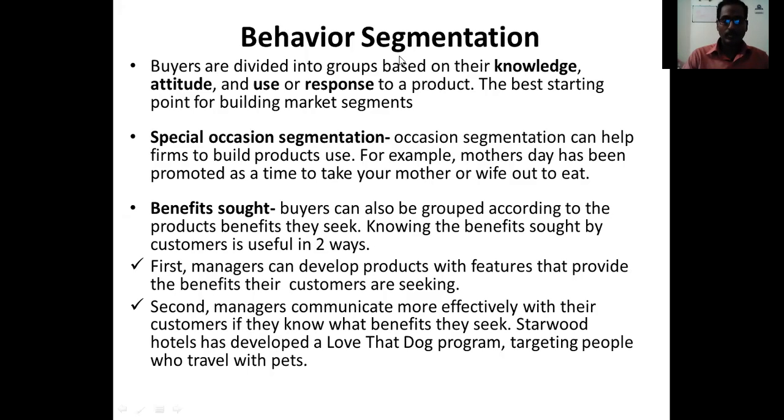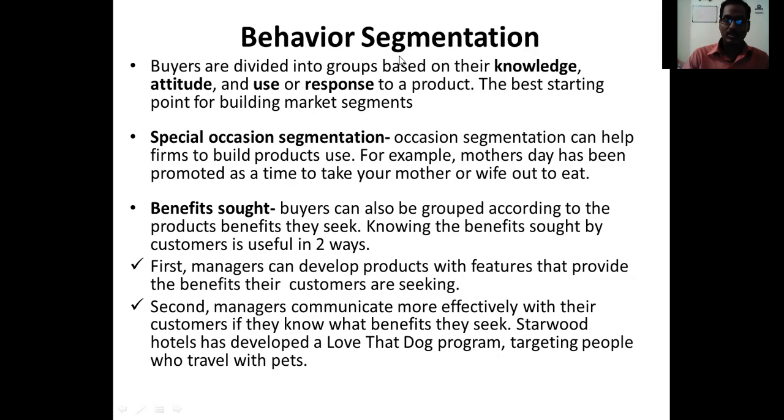So, what is behavior segmentation? Buyers here are divided into groups based on their knowledge, attitude, and use or response to a product. This is the best starting point for building market segments. Okay, so that's the basis on which the market segments are created or built.